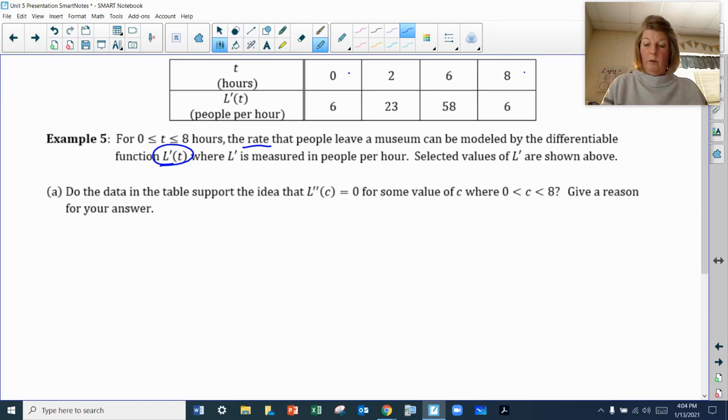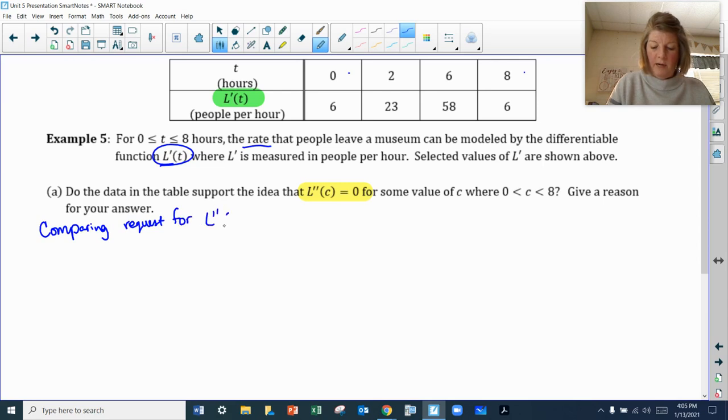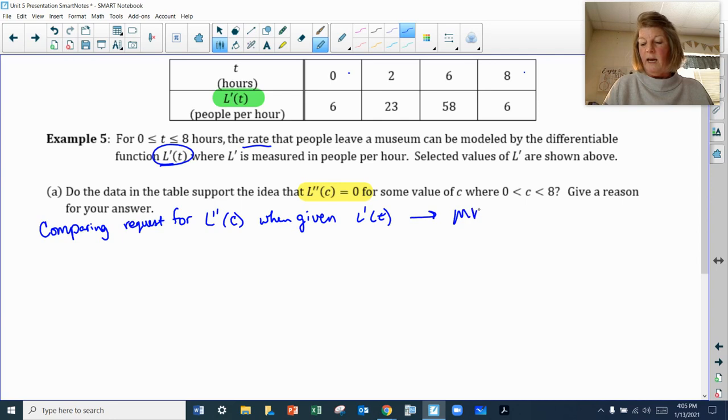Okay, so they're moving to L double prime, right? The derivative of the given function. That sounds like MVT to me. So, in my head, I'm comparing the request for L double prime of C when given L prime of T. To me, this is indicating MVT.